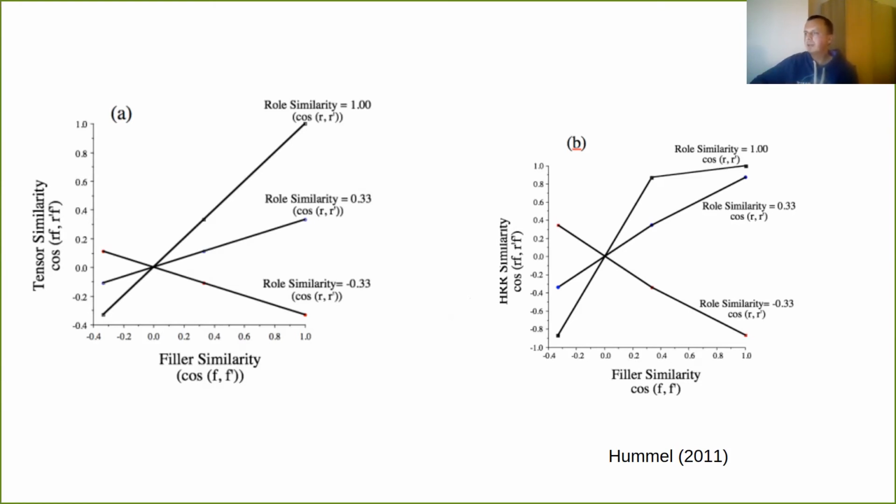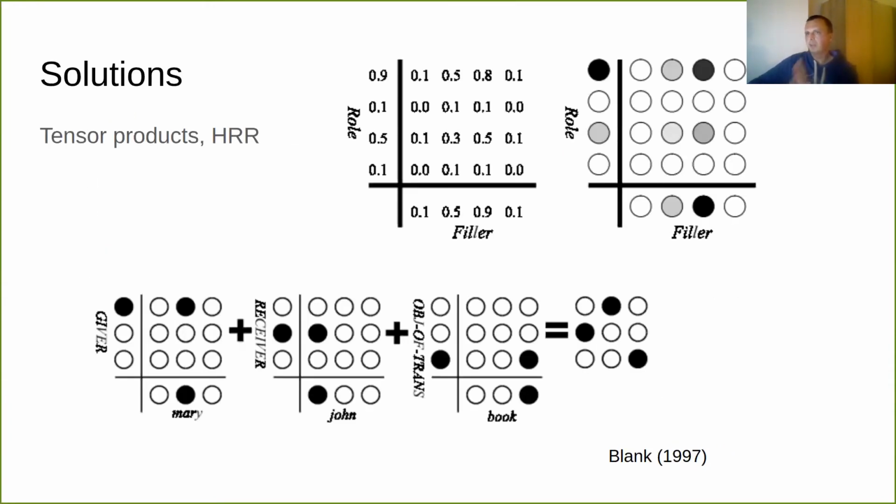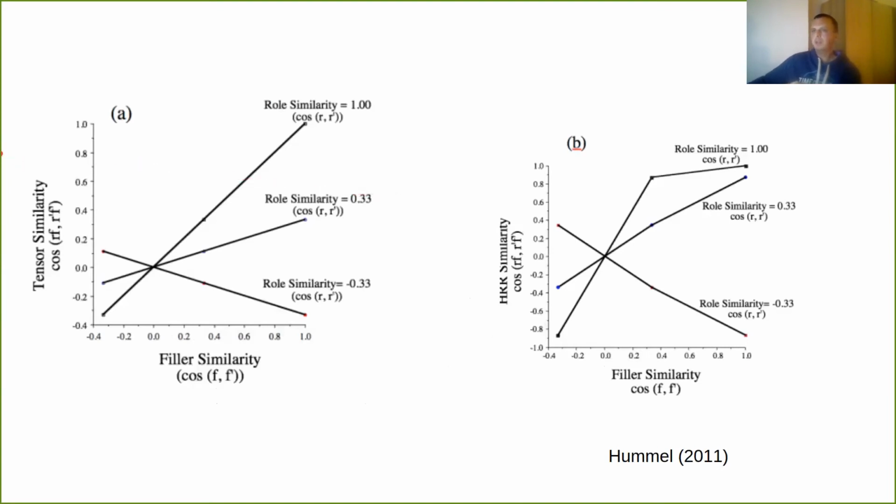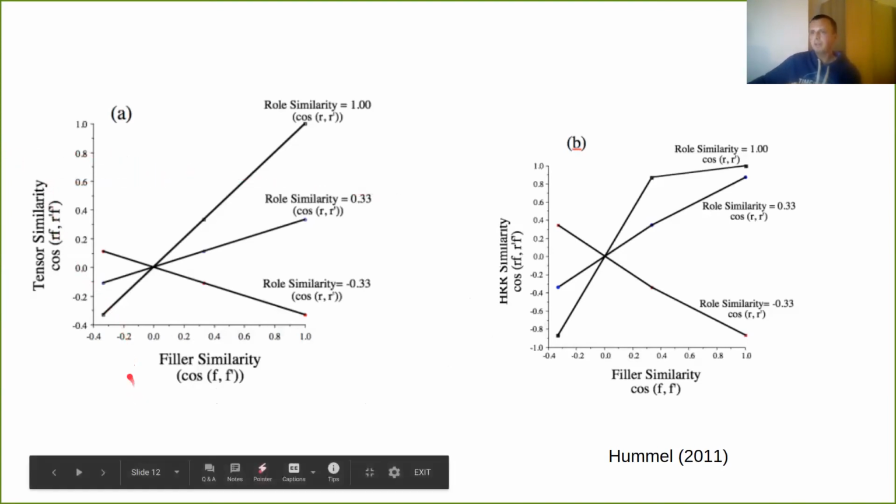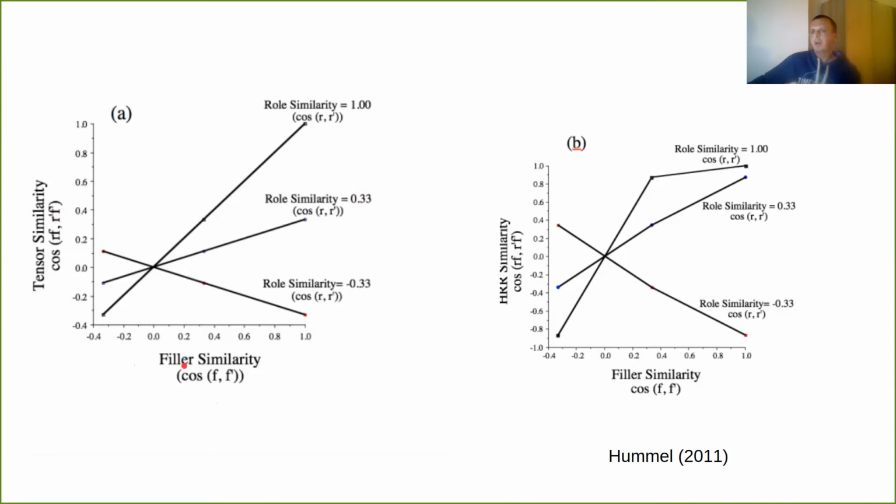It has been very nicely pointed out by John Hummel in a paper in 2011. To put it shortly, the problem is that when you bind representations using tensor products, the representations you end up with have some undesirable properties. What you see here on the left, on the x-axis, you have the fillers.